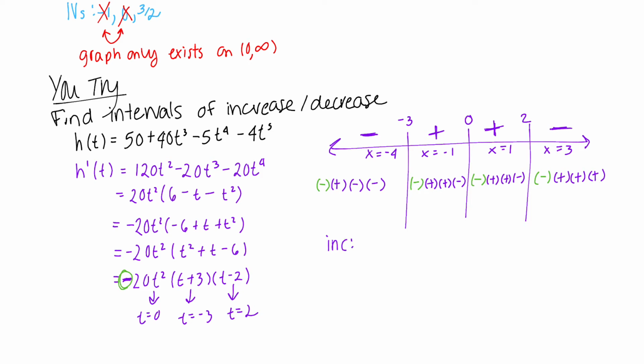So our intervals of increase. You can split this one up. However, since this one is continuous there at 0, sometimes they have to be split up if there are continuity issues. If there were a domain issue, you would have to split this up. Because 0 is in the domain of this function, I'm just going to take this entire interval from negative 3 to 2.